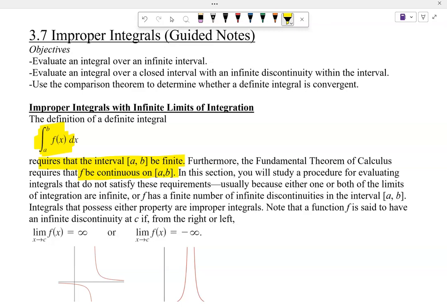So in this section, we're going to look at whether we could do it if it breaks one of those two molds. And yes, sometimes we can. Today we're going to study a procedure for evaluating integrals that are either type 1, which have an infinite integration limit, or type 2, where they have a discontinuity.